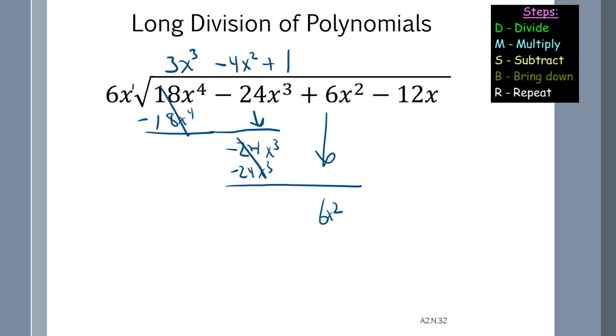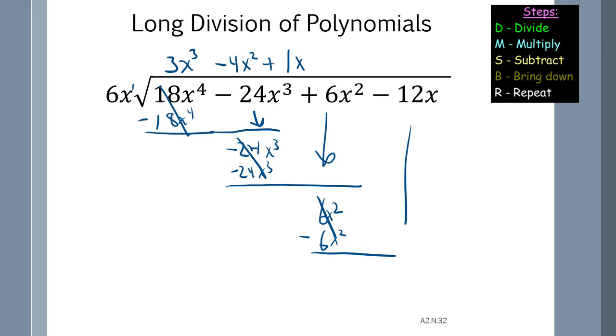Now we need to have x. If we go into x squared, we need to just have another x. x to the first power times x to the first power gives me 2. So x times x gives me x squared. That works out. So we have 1 times 6 gives me 6. x times x gives me x squared. Those guys will go away as well. Just subtract those.